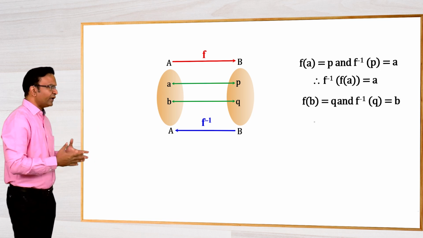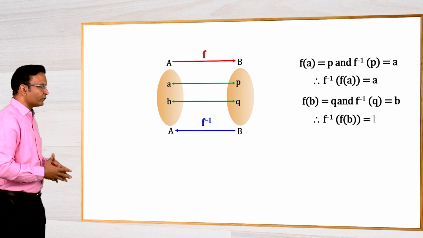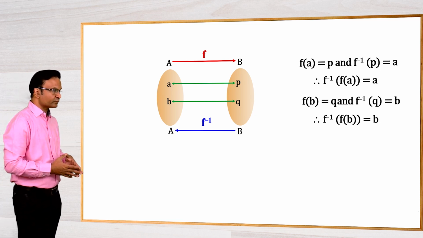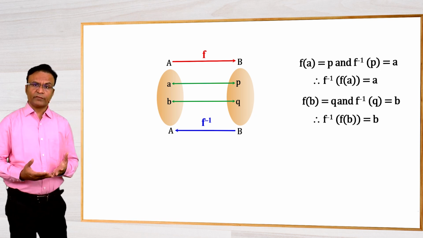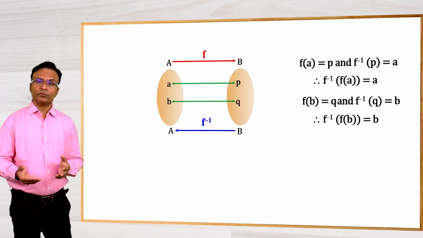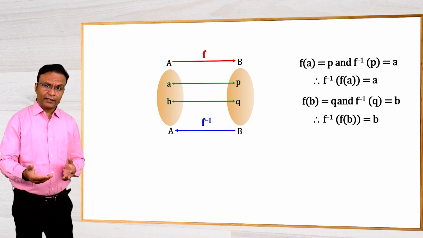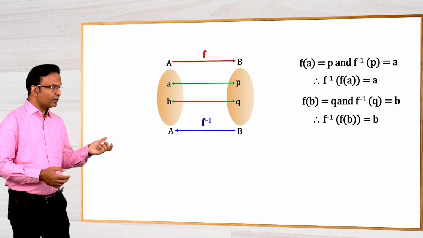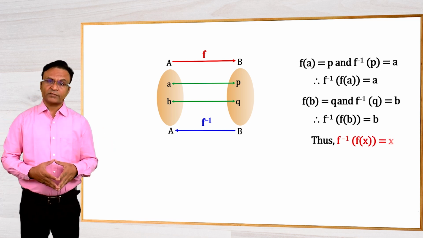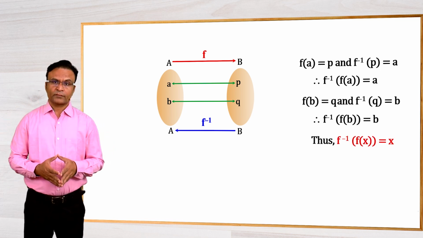So we have f inverse of f of b is equal to b. You can see that in the function f inverse of f(x), if I put x is equal to a, I get a, and if I put b, I get b. That means here f inverse of f(x) is equal to x.